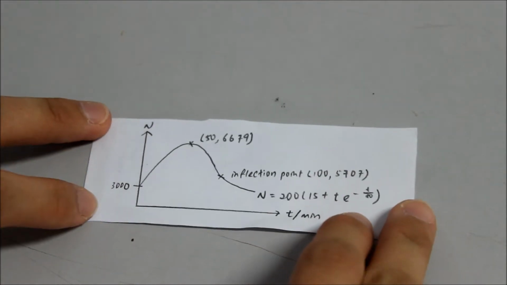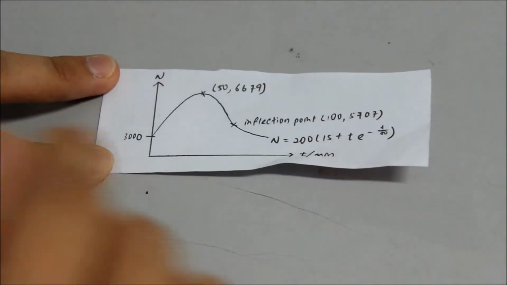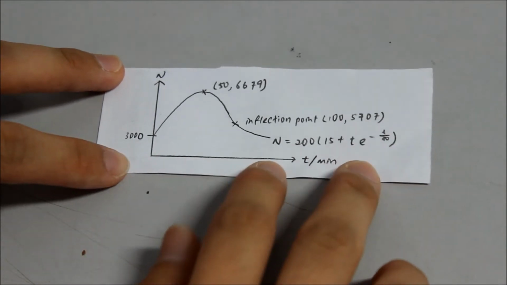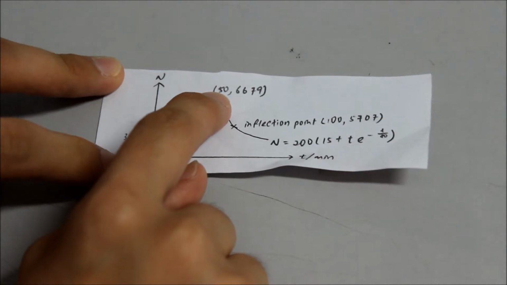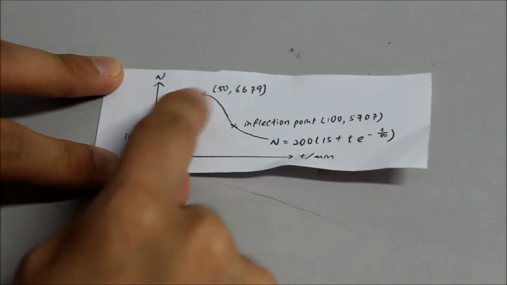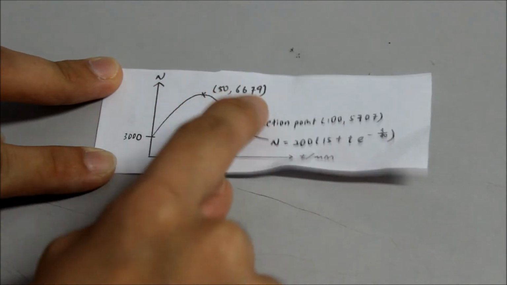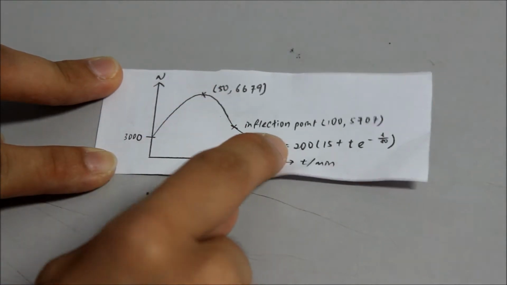Now, using the information we found before, we sketch a graph. The graph sketch is like this. This is the critical point, (50, 6679). Before the critical point, the function is increasing, and after the critical point it is decreasing.